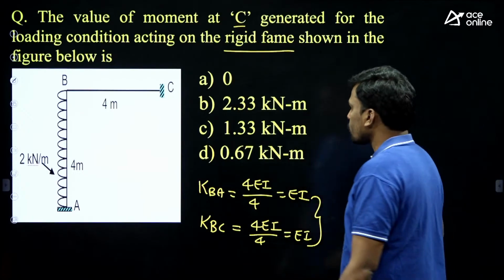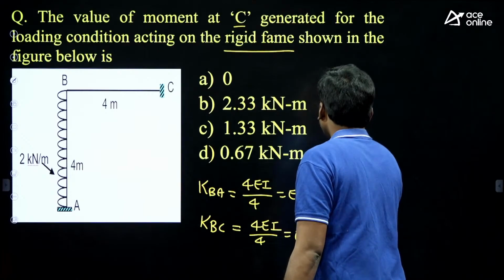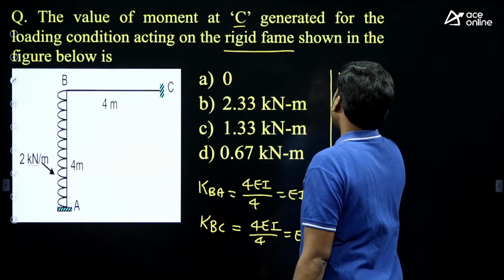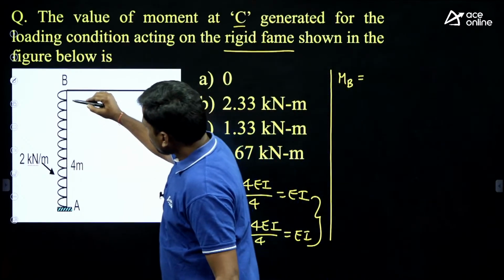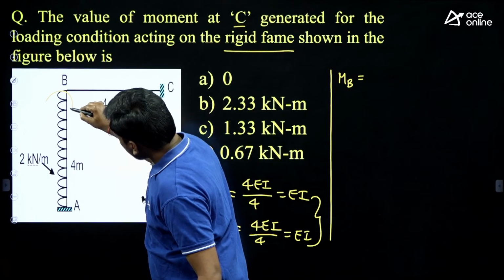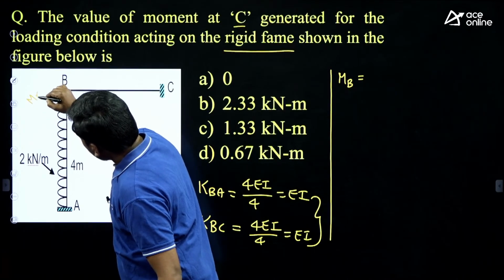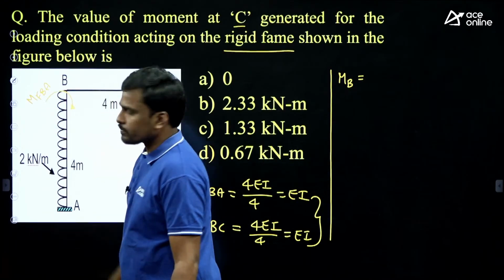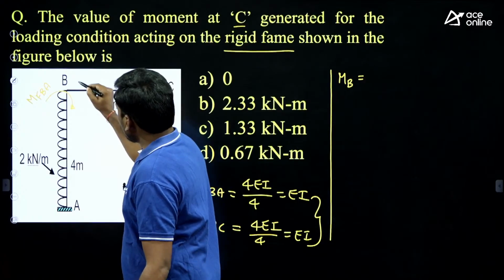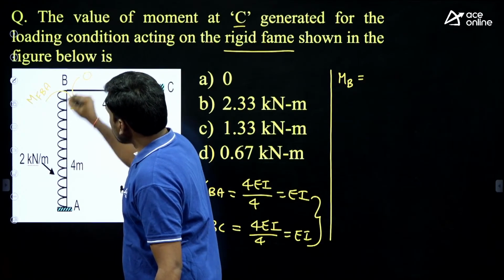So what is the shortcut here? Moment at B: the fixed end moment is clockwise. Here the fixed end moment for member BA, and there is no load on BC, so the fixed end moment there is 0.